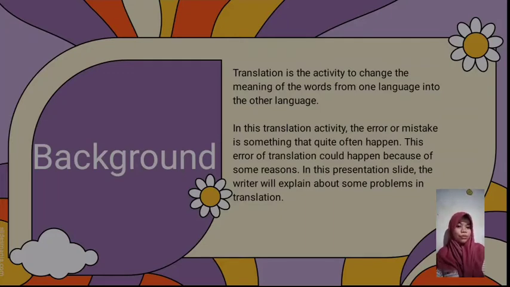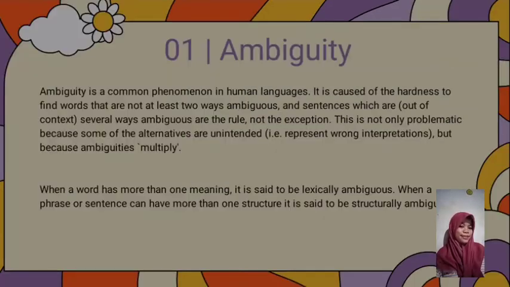So, we're going to move to the first problem. The first is ambiguity. Ambiguity is a common phenomenon in human language because of the difficulty of finding words which don't have two ways of being ambiguous or two meanings.